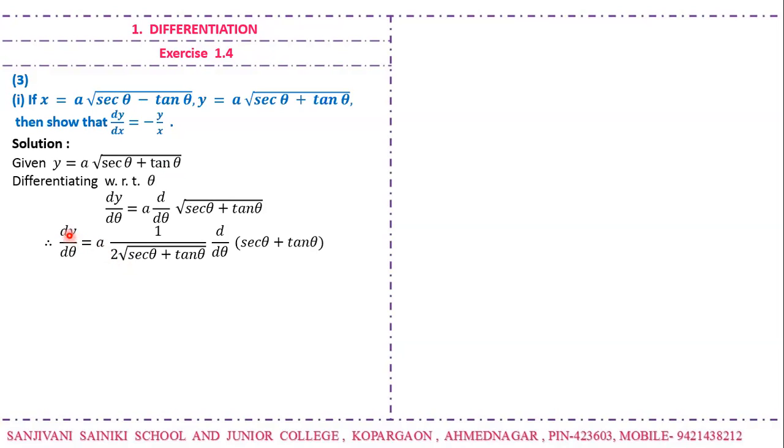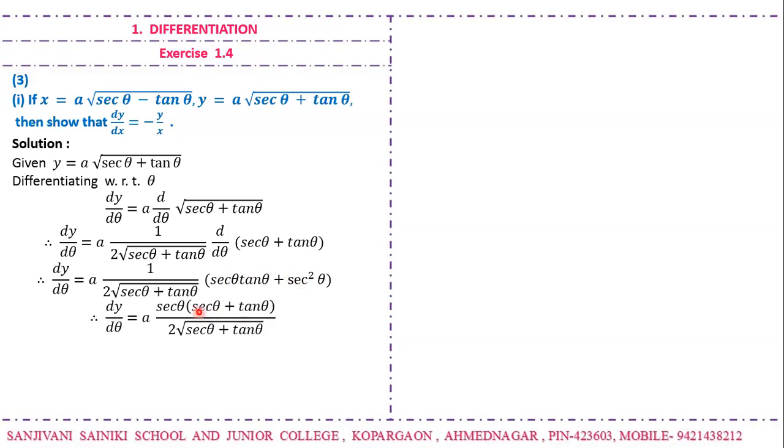So we get dy by d theta is equal to a into 1 upon 2 root of (sec theta plus tan theta) into d by d theta of (sec theta plus tan theta). Now what is the derivative of sec theta? Derivative of sec theta is sec theta into tan theta, and derivative of tan theta is sec square theta. So from these two terms we can take sec theta common, and what will remain?